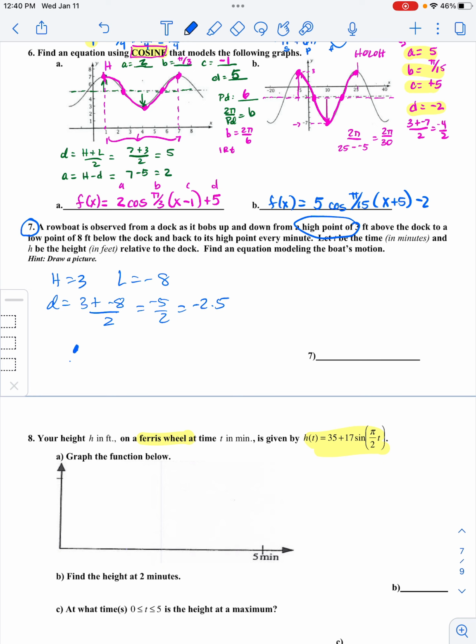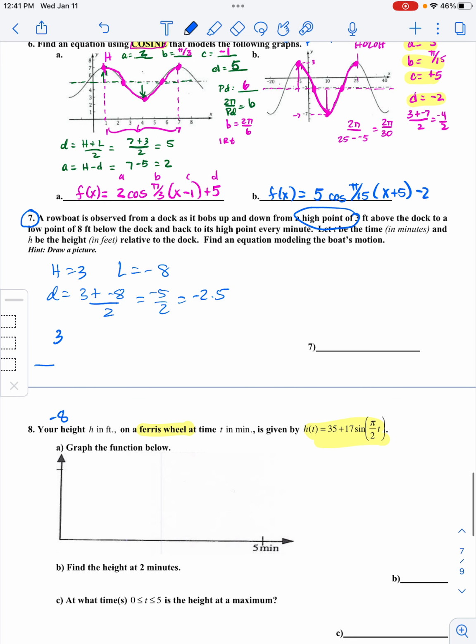So it's going to go from a high at 3, and then it's going to go down 2, 1, 0. There's the x-axis, and then it's going to go, oh shoot, down to -8. I'm just drawing this terribly. I just am wishing I wasn't doing this part of the video because it's so bad. Sorry, I didn't leave myself enough room. There we go. Here is 0 because that's closer to 3 than 8. And then my dock is down here somewhere so that it's halfway. Okay. Wow.